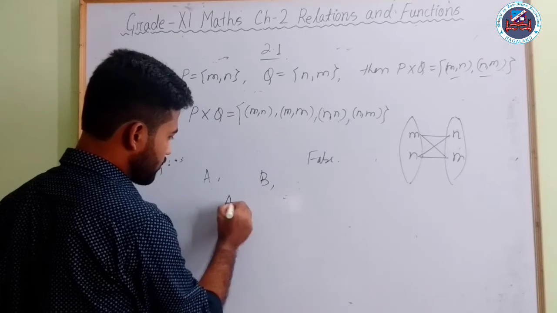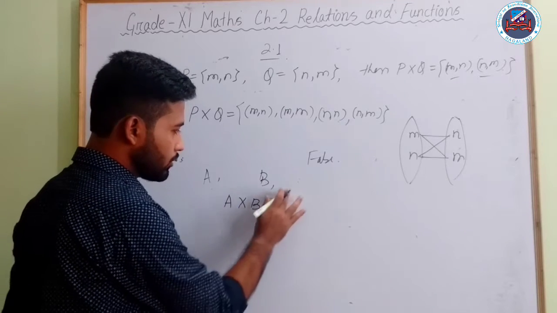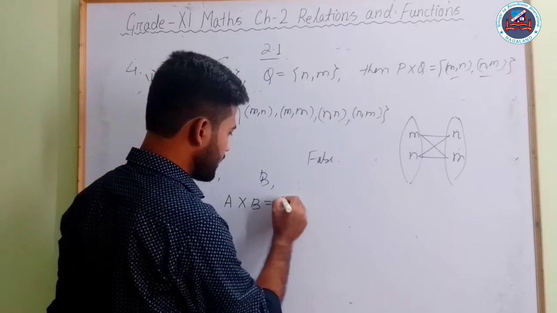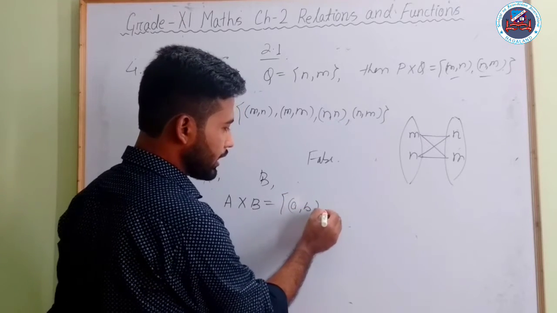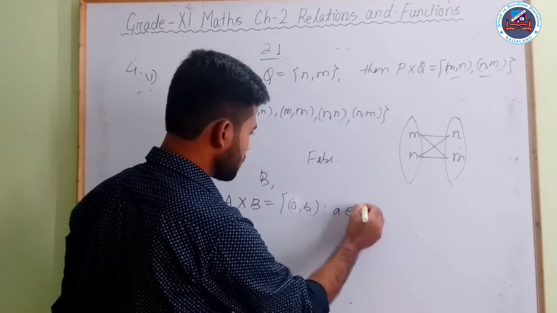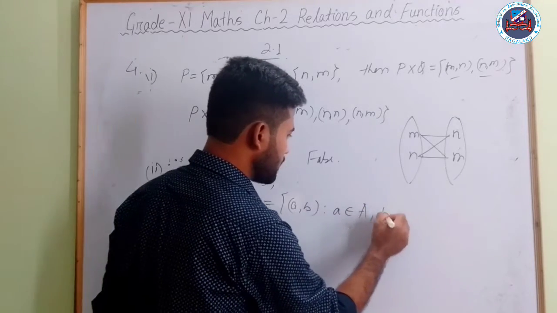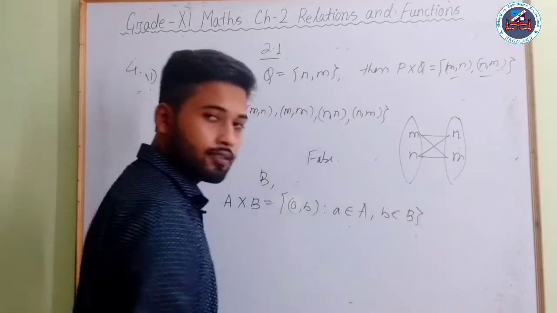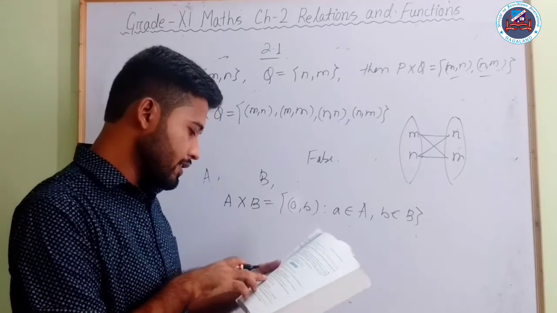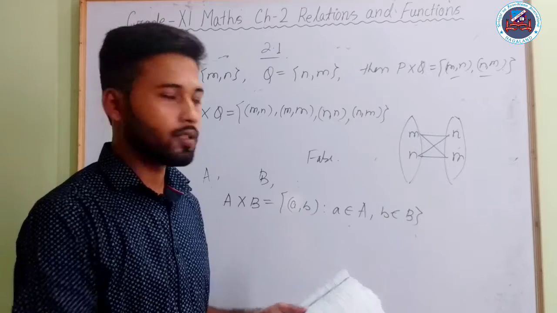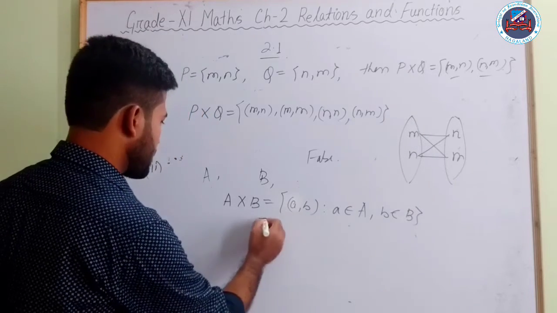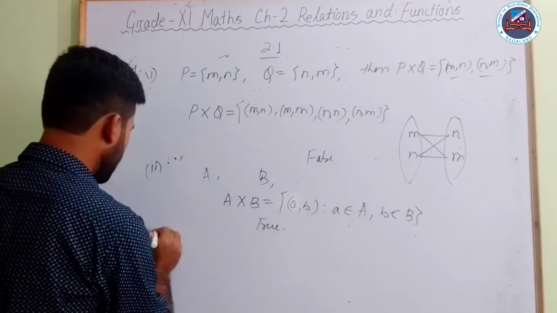We know that the definition of Cartesian product A cross B is the set of ordered pairs (a, b) such that a belongs to the first set and b belongs to the second set, isn't it? So here they have written the same thing. It's an ordered pair (x, y) such that x belongs to A and y belongs to B. That means it is correct. So in this case it is true.